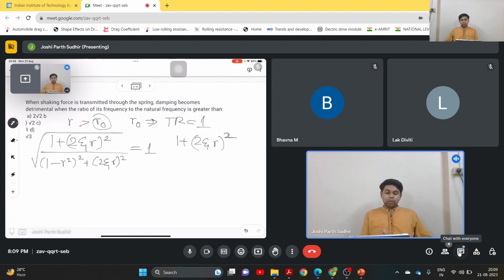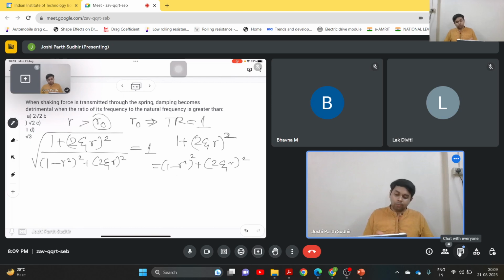If we square both sides and multiply both sides by the denominator of this expression, this term is present on both sides, so we can cancel that.